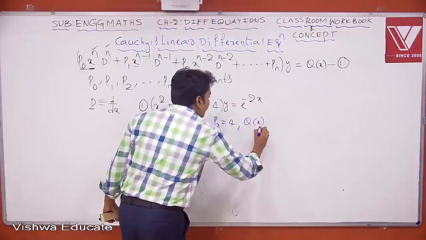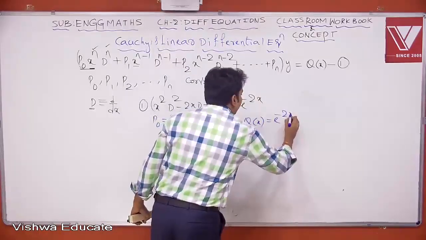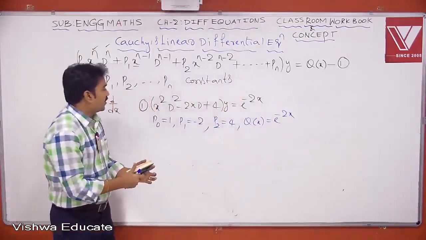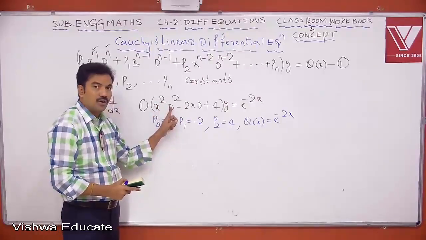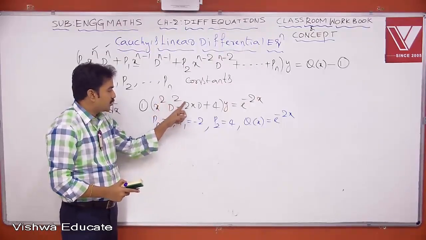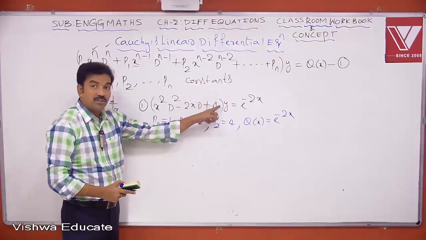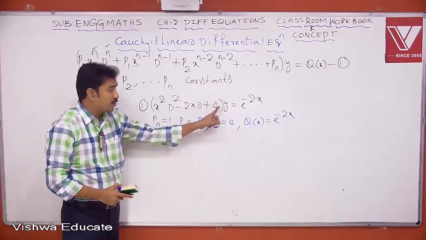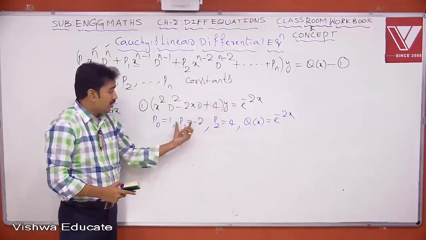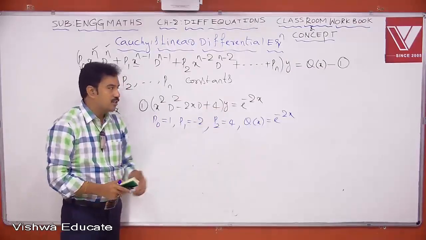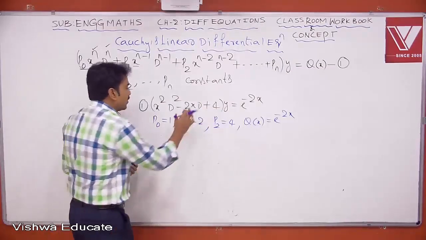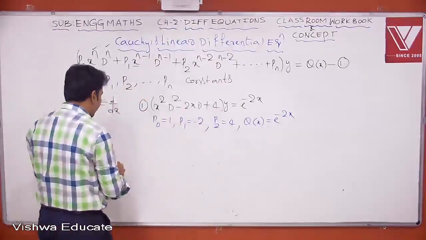Here Q of x equal to e power minus 2x. Therefore, this is a second order Cauchy's linear equation. Powers of x and powers of d are the same: this is 2, this is 2. Here the powers are 1, next the powers are 0. X power 0 into d power 0 is 1, so 4 into 1. Therefore, P0 is 1, P1 is minus 2, P2 is 4, Q of x is e power minus 2x. Therefore, this is a second order Cauchy's equation.